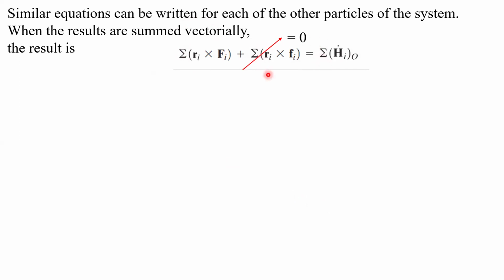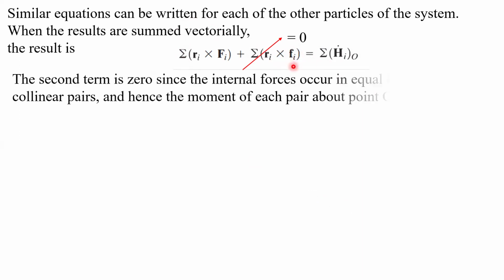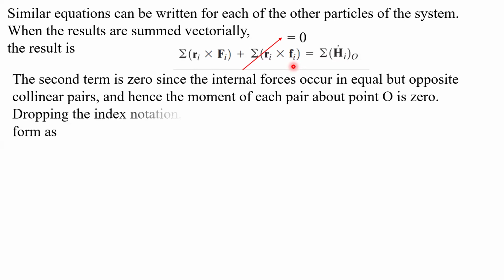Since the resultant internal force is always 0, Ri cross 0 will give you 0. So the second term is 0 since the internal forces occur in equal but opposite collinear pairs, and hence the moment of each pair about point O is 0.